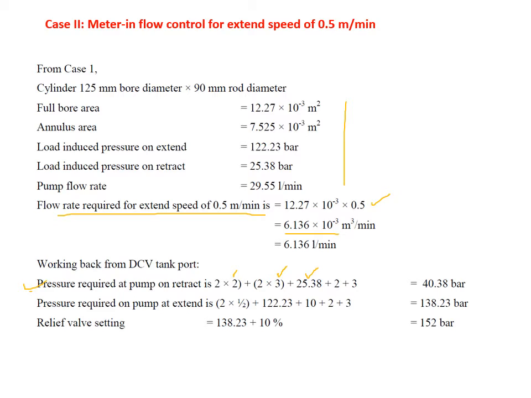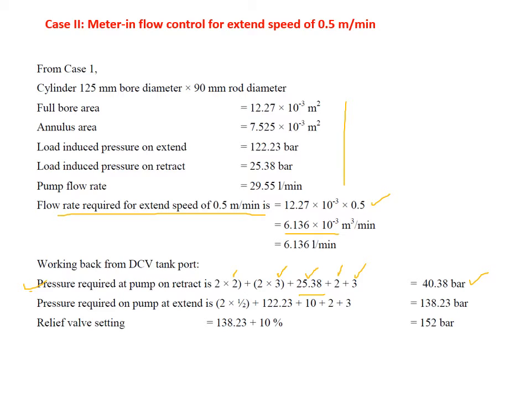We know that the retraction force is around 15 kilonewton and for that the pressure requirement is 25.38. How to calculate this we studied in the last lecture. Plus 2 bar is for DCV and 3 bar is for filter. So the total pressure requirement during retraction will be 40.38 bar.